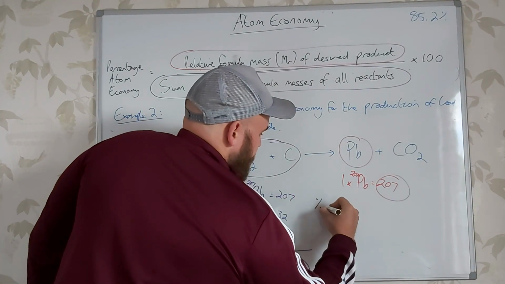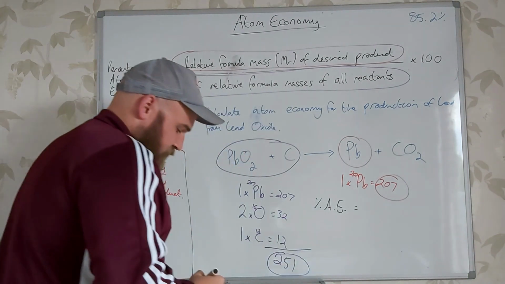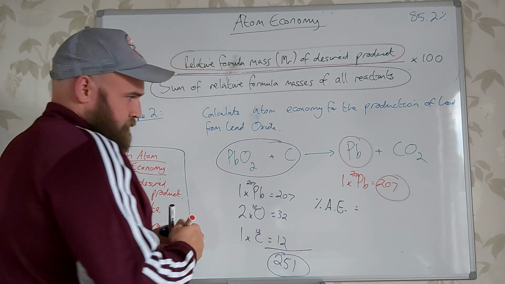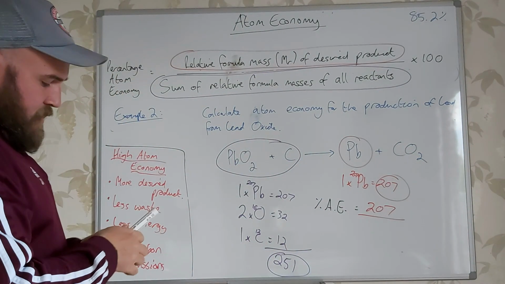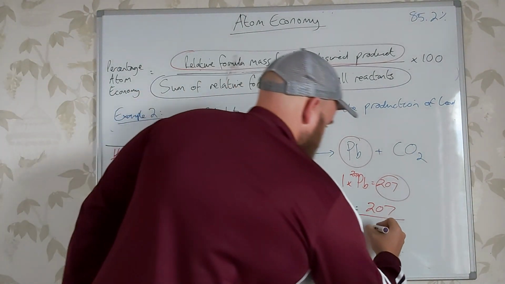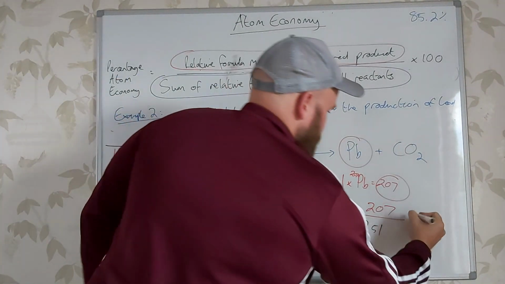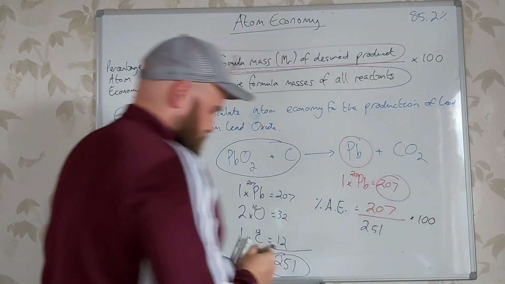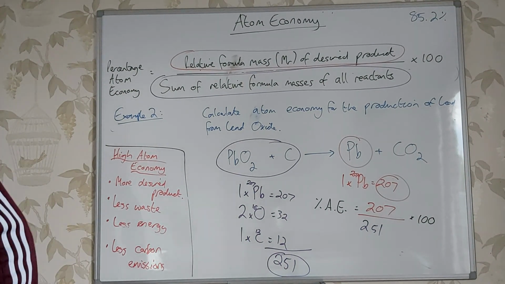So my percentage atom economy is 207, so it's red number first, divided by purple number, it's 251, times it by 100. Okay, so get my calculator ready.